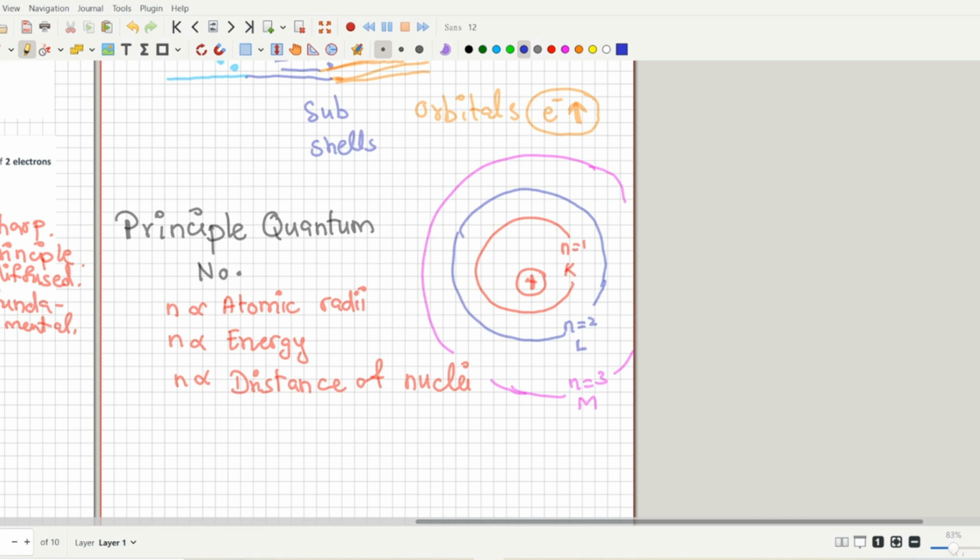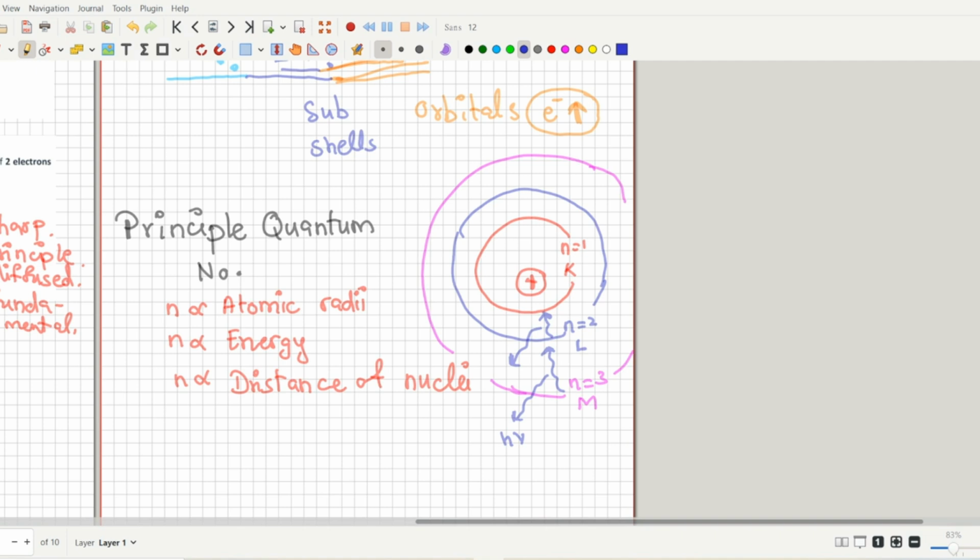Whenever an electron jumps from a higher to a lower shell, it releases energy. So whenever an electron jumps from higher to lower, it will keep losing energy. And when it gets to the first shell, the closest to the nucleus, it has lost most of its energy.